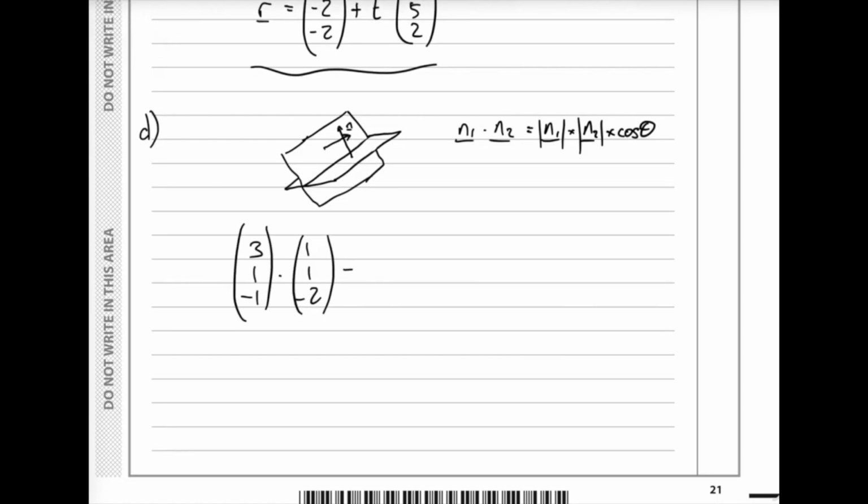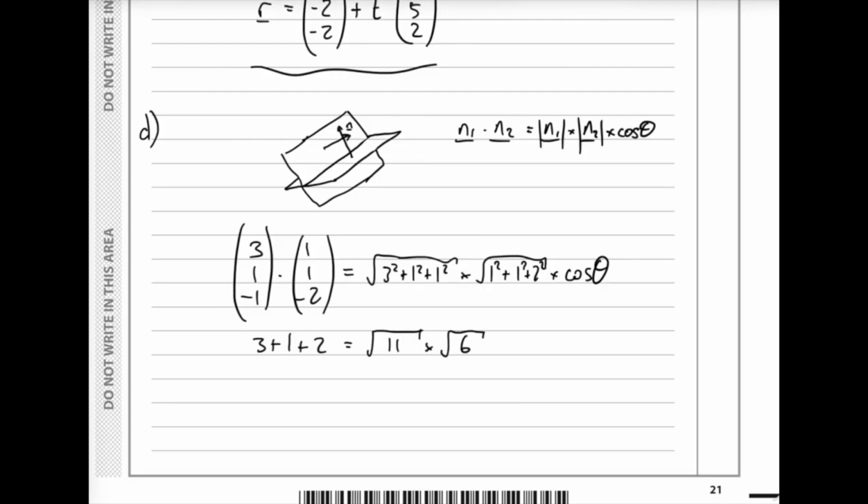So if we dot these and take the magnitudes, that's 3 plus 1 plus 2, which is equal to the root of 11 times the root of 6. So cos theta is equal to 6 over root 66. And in degrees, that is 42.392, so 42.4 to 1 decimal place.